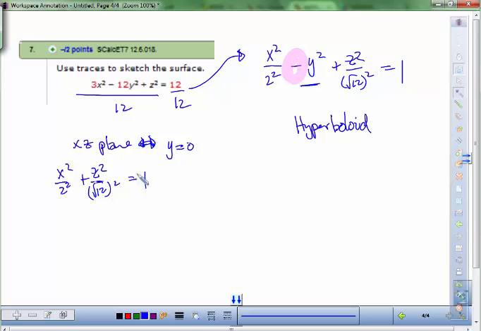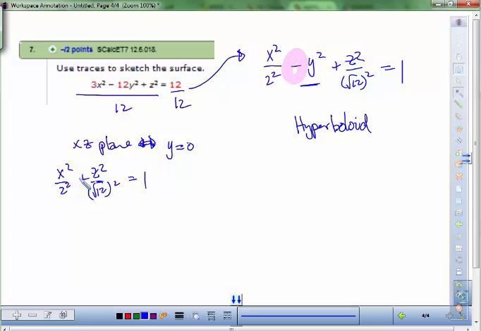And what does that remind you of? This is an ellipse. It's 2 dimensions. It has just the x and z, right? It's a variable squared over a squared plus variable squared over b squared equal to 1. So this is an ellipse.